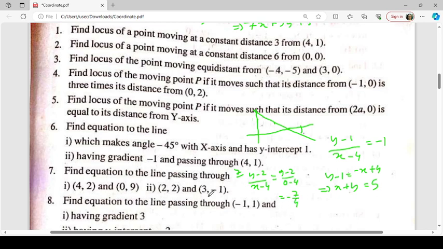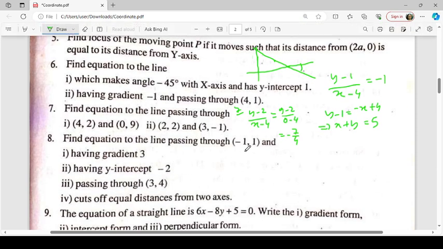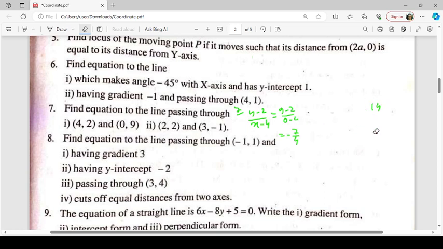Then this is also like that. Then find the equation of the line passing through minus 1, 1 and having gradient 3. It is like this. So y minus 1 by, so this one is passing through minus 1, 1, so it is a line passing through a fixed point minus 1, 1 and which satisfies different conditions.